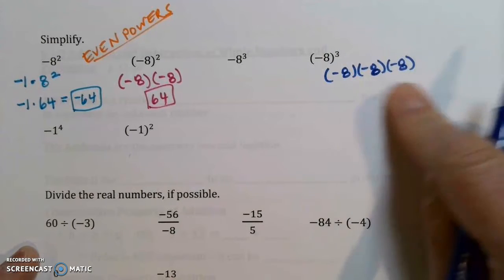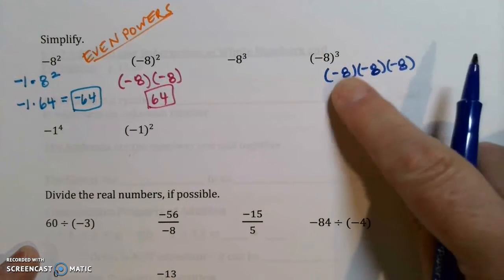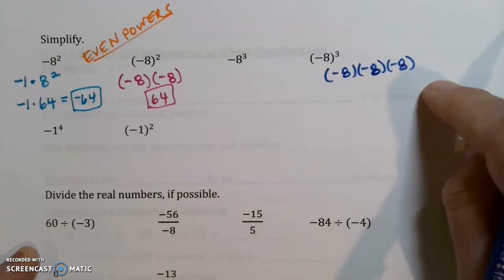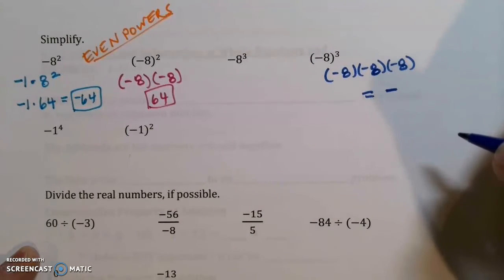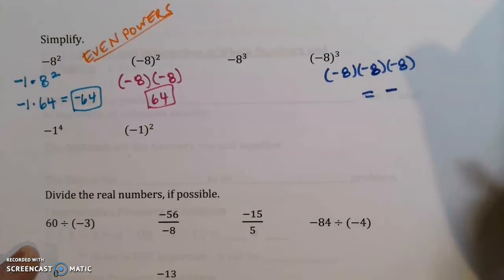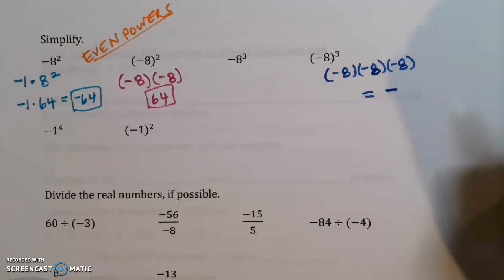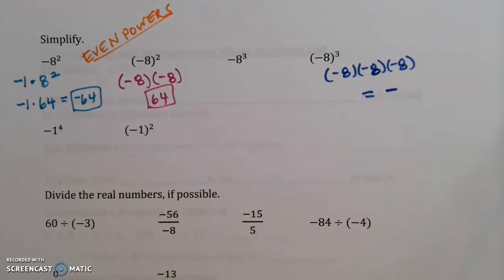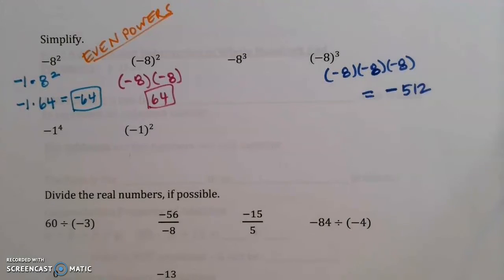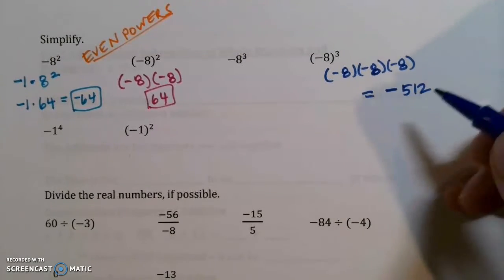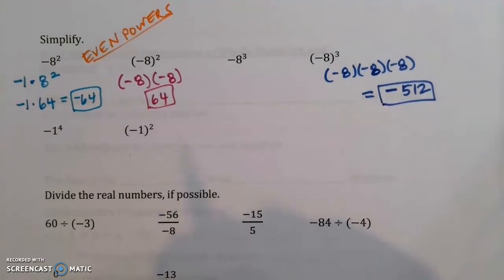So I've got 3 of those. It is an odd number of negative signs, so we will end up with a negative answer, and then that's 8 times 8 times 8, so 8 times 64, which should be 324. But let me double check my calculator here fast. No, 512, pardon me. 512, okay, there we go. So 512, and that one will be negative.